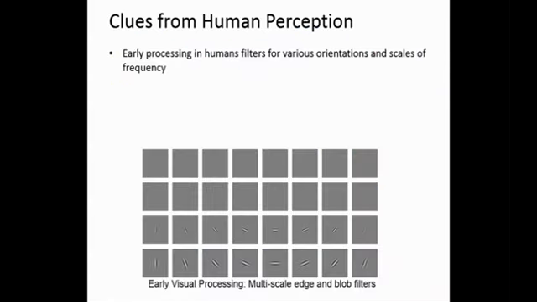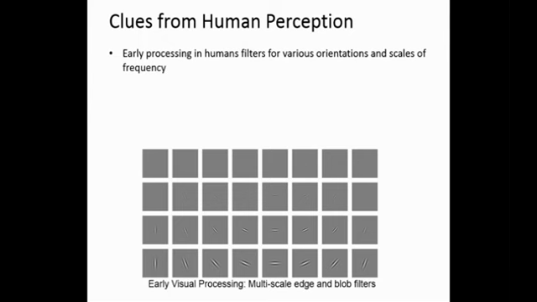So let's look at some clues from human perception. Even though we have cones that are receiving, basically measuring intensity and producing a signal, we have ganglia and other neurons that immediately process that into more of an edge-type signal. So we don't really see intensities.